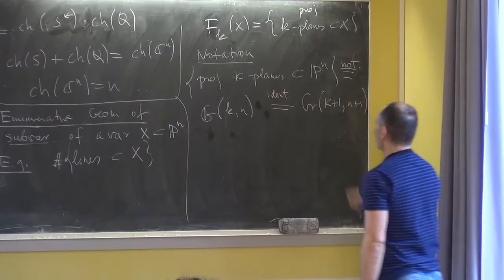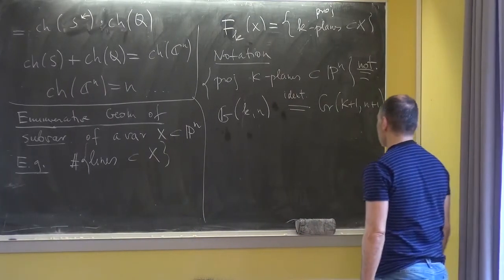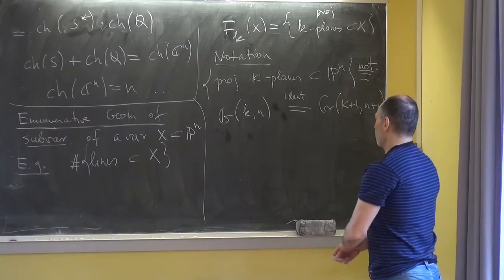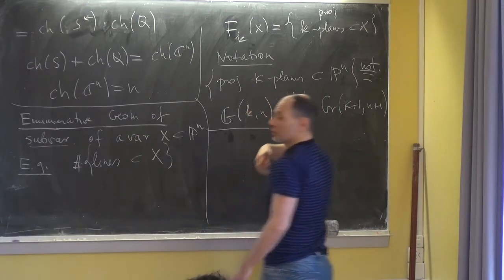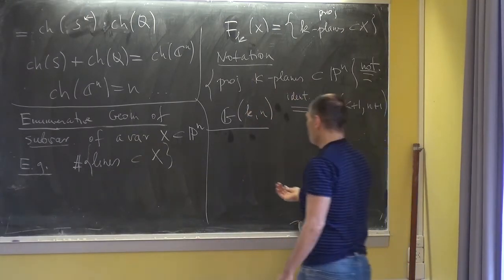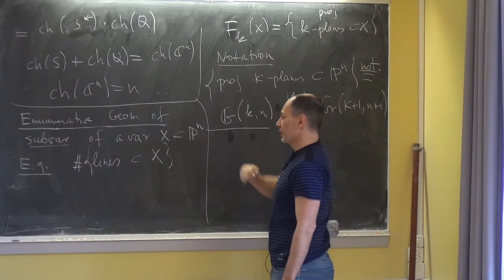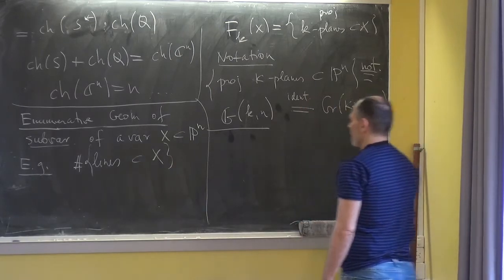Okay, so we are trying to describe this FkX thing, and the genius trick was the following. This could be very, very difficult, but we can construct a global object. So suppose now we don't look at arbitrary subvarieties, we look at, say, hypersurfaces.